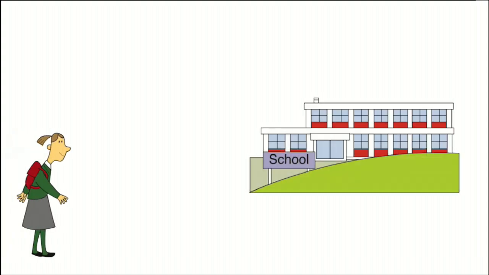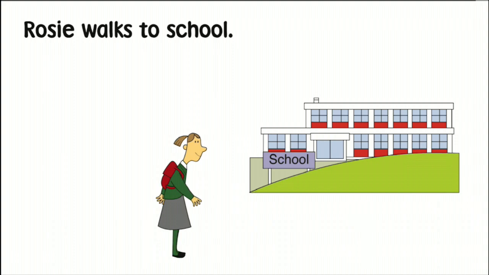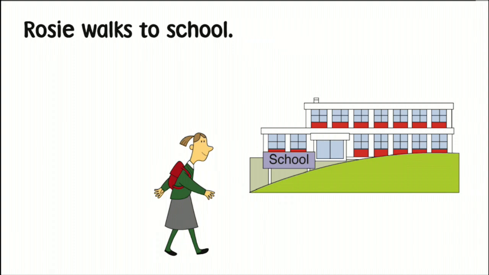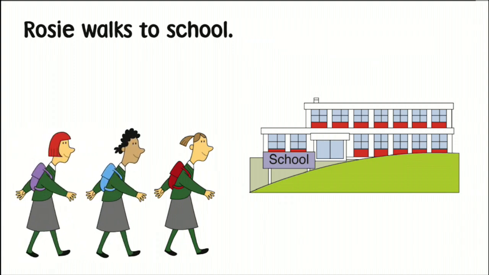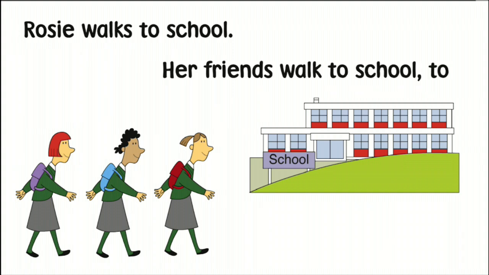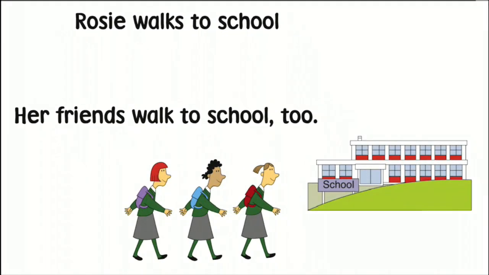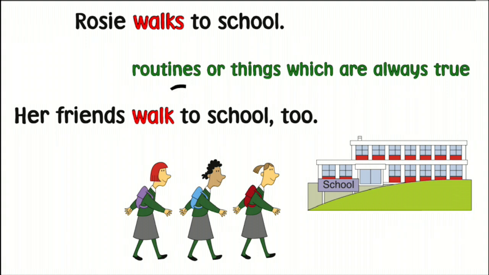Present simple positive. Rosie walks to school. Her friends walk to school too. We use the present simple positive to talk about routines or things which are always true.